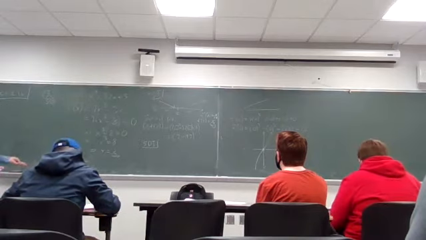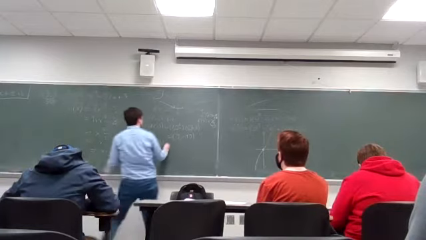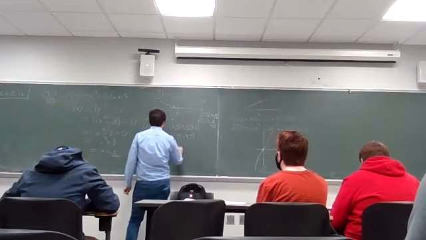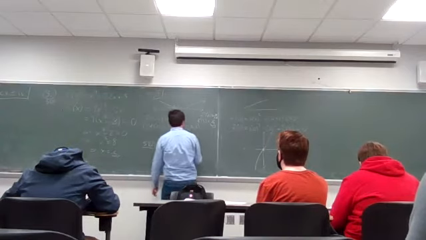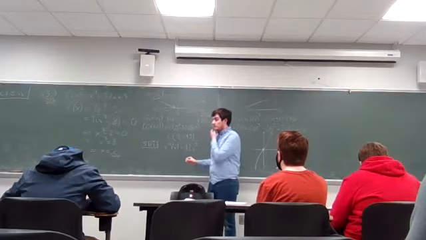So on the second derivative test, I need to find the second derivative. Good. So what's f double prime of x going to be in this case? Well, that's squared. Good. So we have 12x squared.